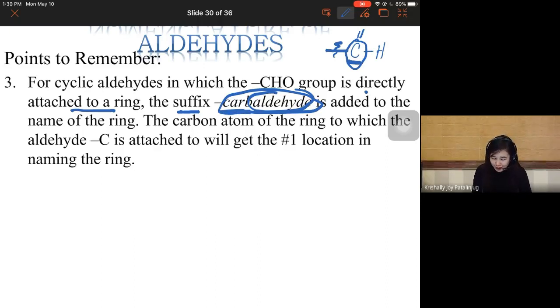That carbon atom of the ring to which the aldehyde carbon is directly attached is always location number 1 in naming the ring.